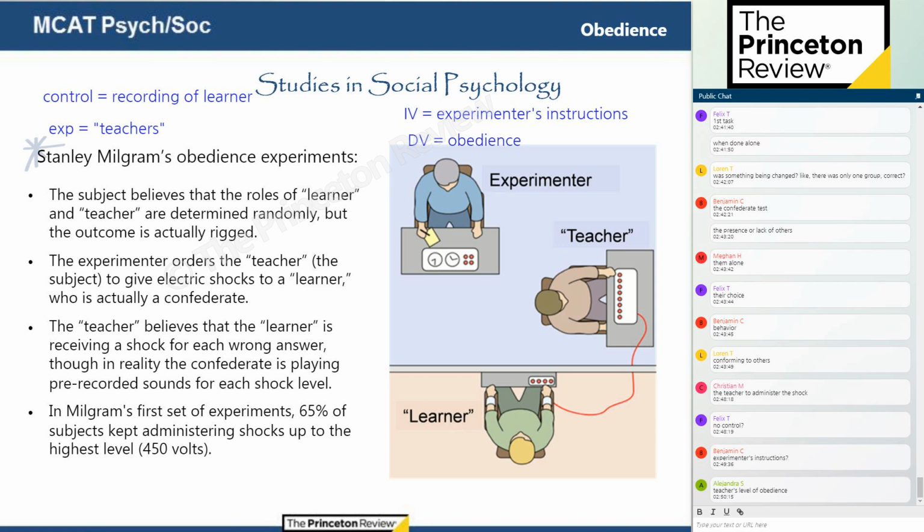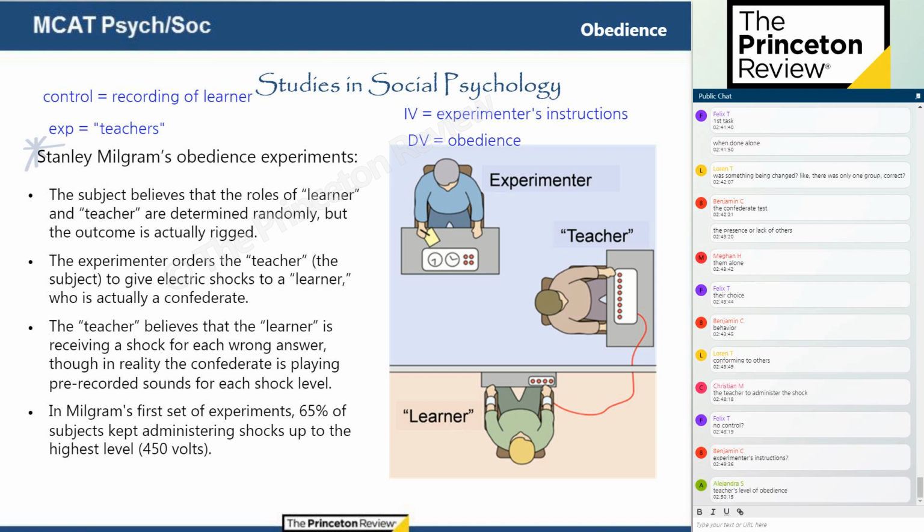Okay. Now, by the way, this is considered one of the most unethical experiments in the history of psychology. However, really important information was gained about the influence of other people, authority, and obedience as a result of this study.